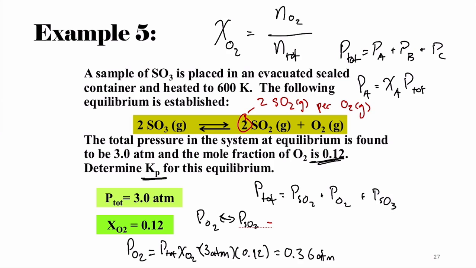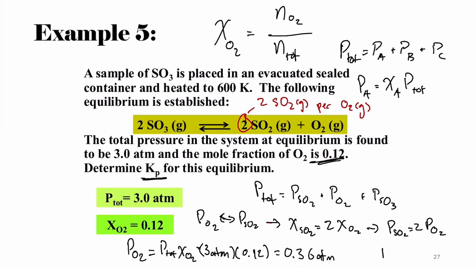So if those 2 are related, that means the mole fraction of SO2 is equal to 2 times the mole fraction of O2. And that tells us that PSO2 is equal to 2 times the partial pressure of O2. If I just plug in 2 times 0.36, that's the same thing as multiplying this whole thing by 2.